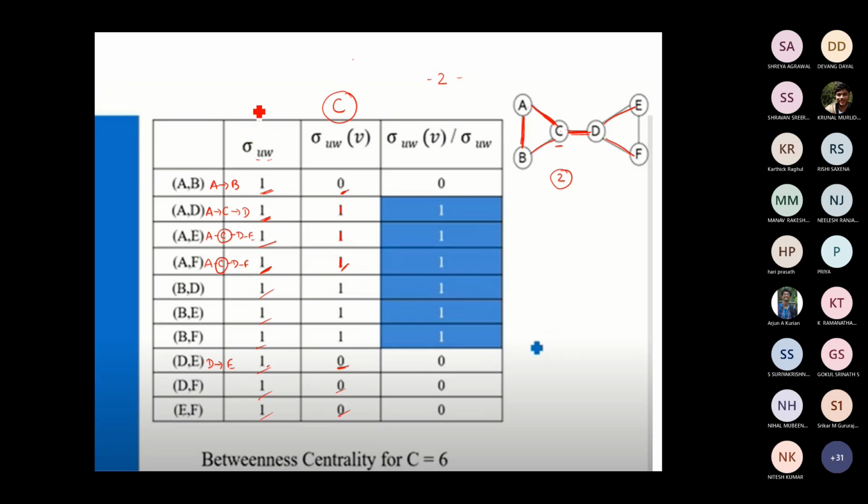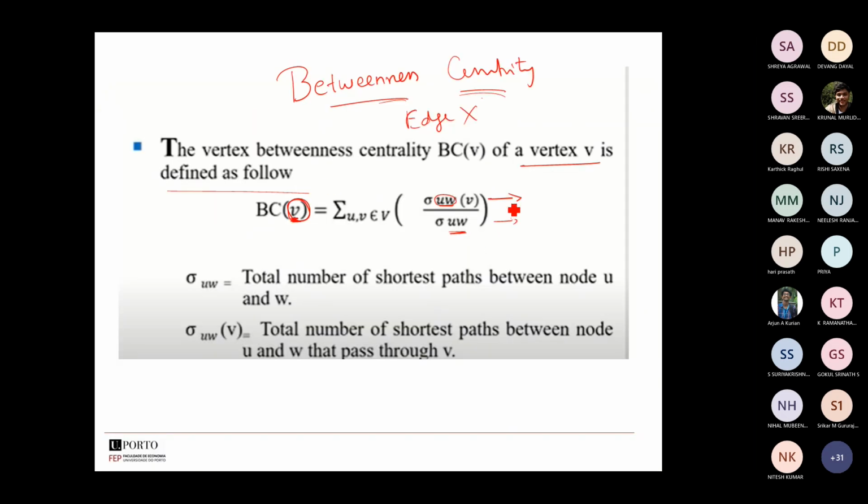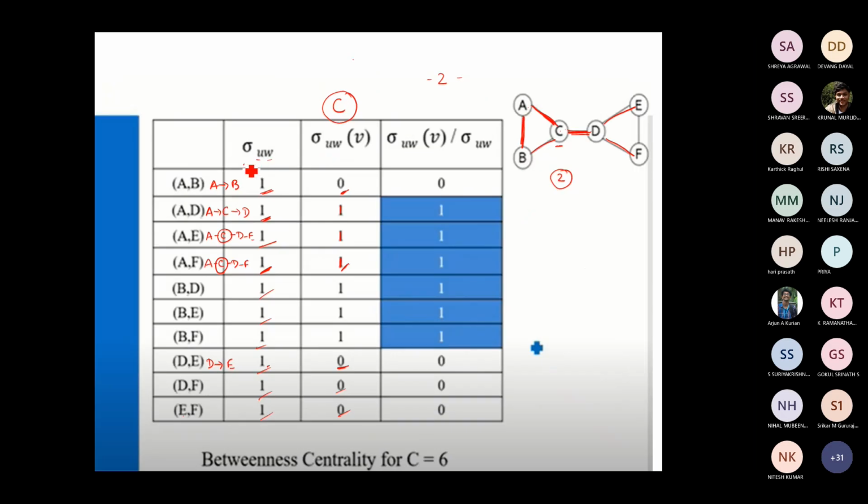Now, this is going to be the numerator, and this is going to be the denominator. Like that, we have given here. Okay, the numerator is the shortest paths that pass through the vertex of our interest, and the denominator is the shortest paths between U and W. The vertex of our interest is C. So you just divide the numerator by the denominator.